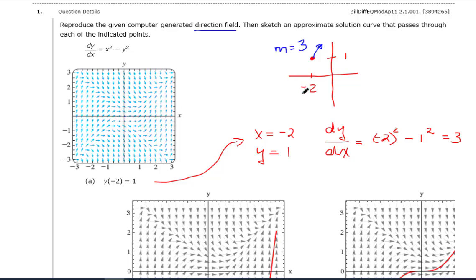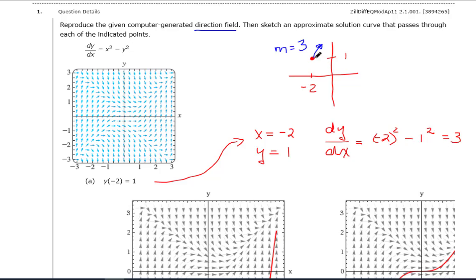If we're at the point -2, 1, that's what they're giving me here, -2, 1. So x is -2, y is 1. The slope there then is -2 squared minus 1, which is 3.